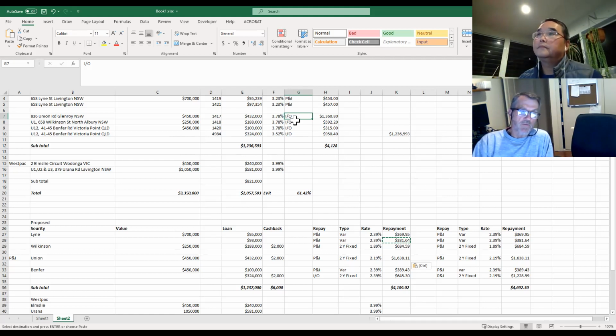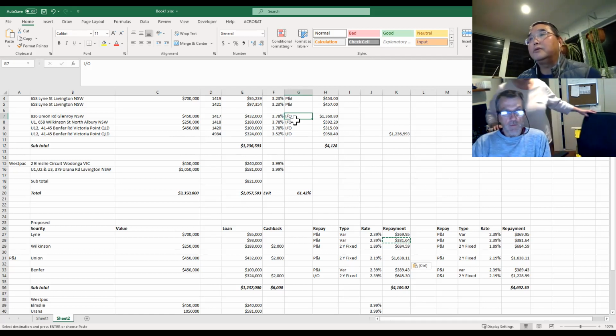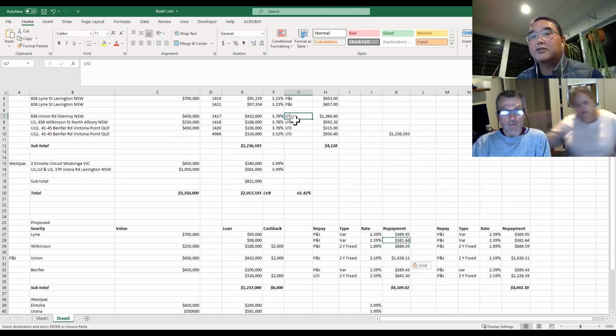That's a one-off payment. So it's got to be affordable for the next few years and make sense over the next few years. Yeah, so basically, with this exercise, you have to pay down some loans slowly.